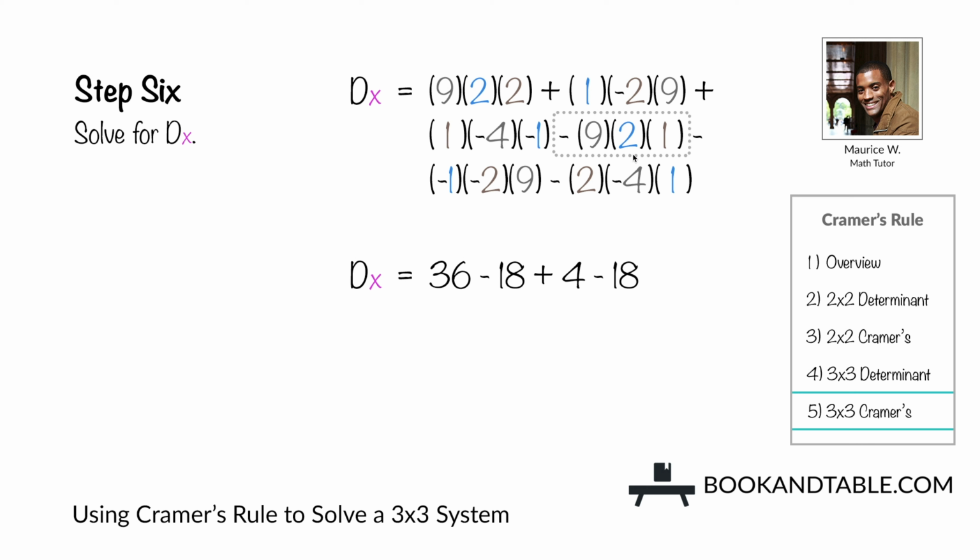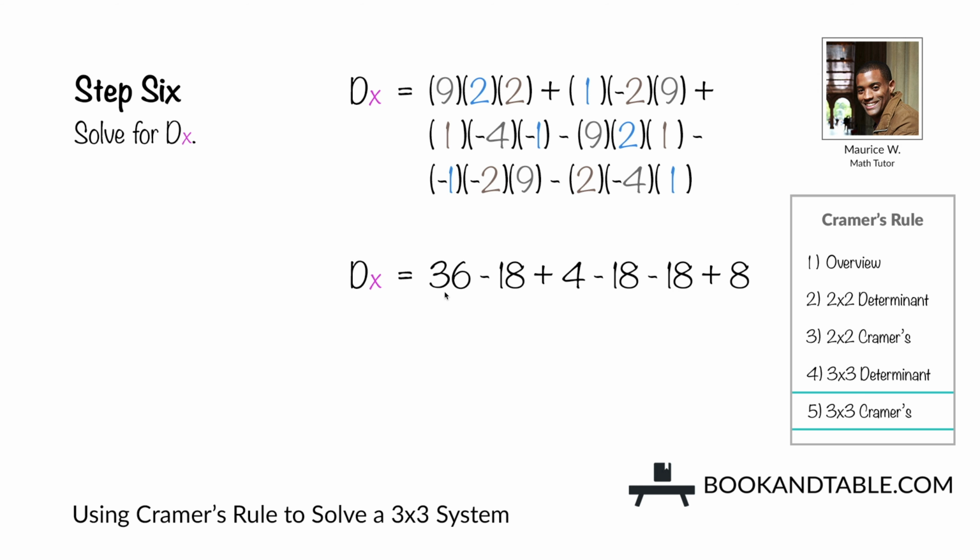Negative 9 times 2 is negative 18. Times 1 is negative 18. Negative 1 times negative 1 is positive 1. Positive 1 times negative 2 is negative 2. And negative 2 times 9 is negative 18. And finally, negative 1 times 2 is negative 2. Times negative 4 is positive 8. Times 1 is positive 8.